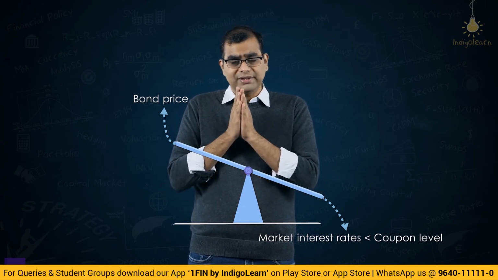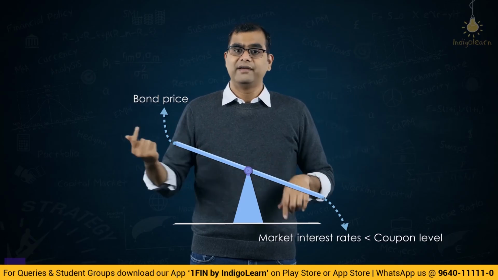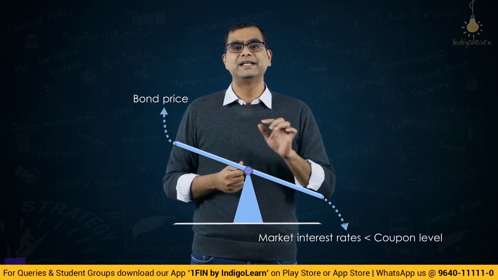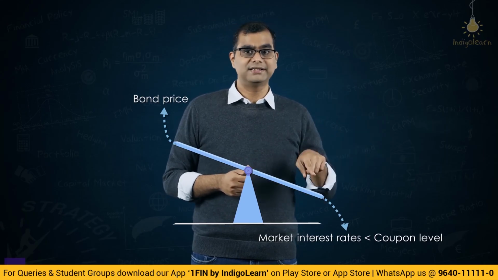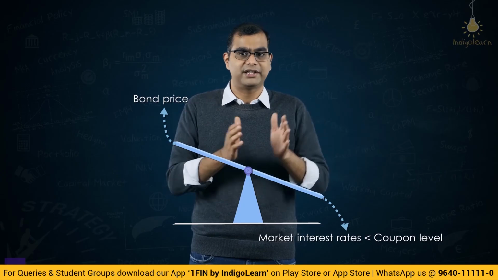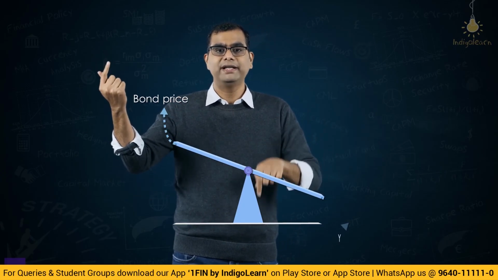So, when the price of the bond is increasing, for a moment forget the market interest rate concept. When the price is increasing, what is the relationship with yield? Yield is decreasing. Correct? Same as market interest rate, but now forget the word market interest rate and think of it as YTM. When the price increases, YTM falls.